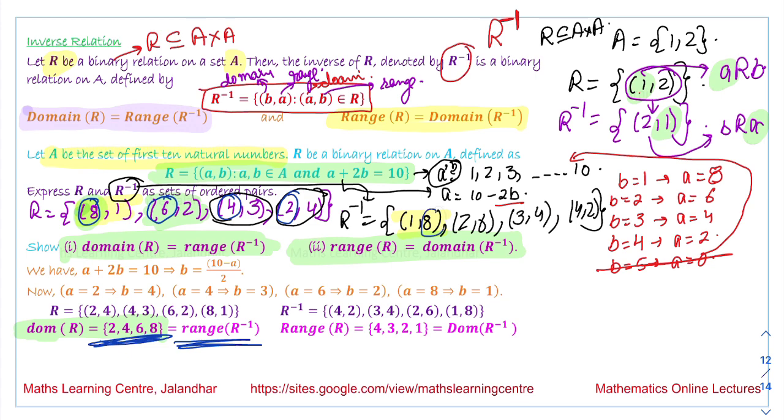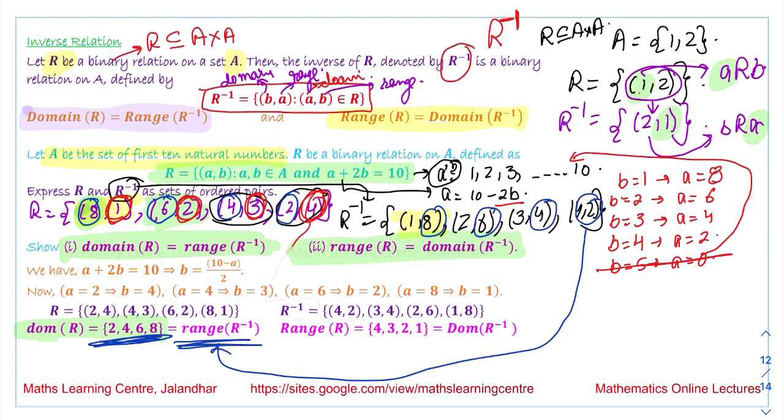Similarly, the range of R has the elements 1, 2, 3, 4, and that is equal to the domain of R inverse.